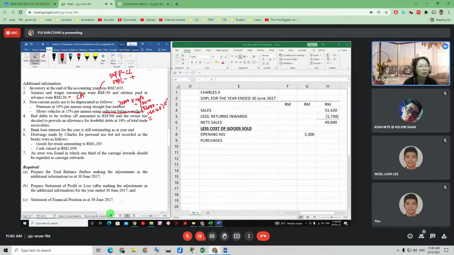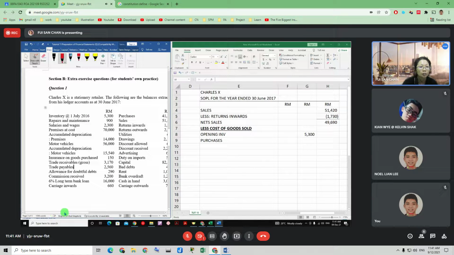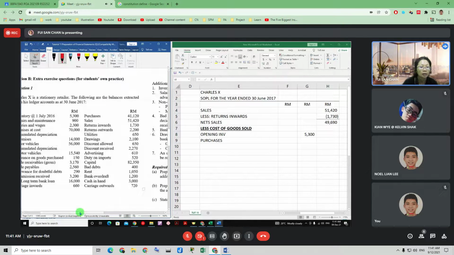Okay, now next, how about this one? The bad debts. Bad debts to be written off amounted to 700. If you look at your question, do you have bad debts before this? Yes, now here, right? So meaning these bad debts that you already recorded is 400.